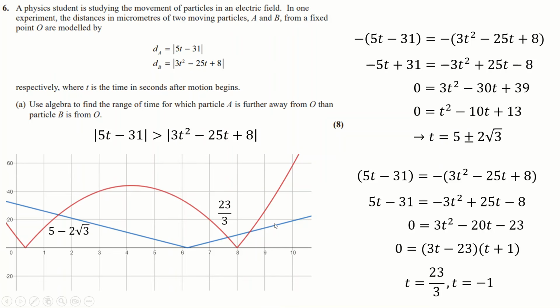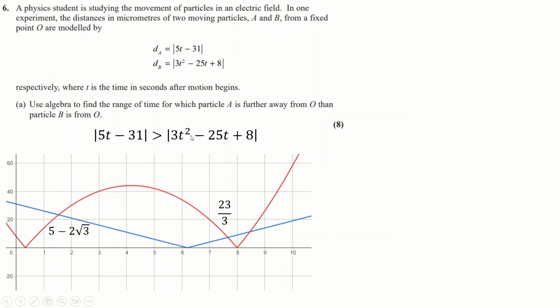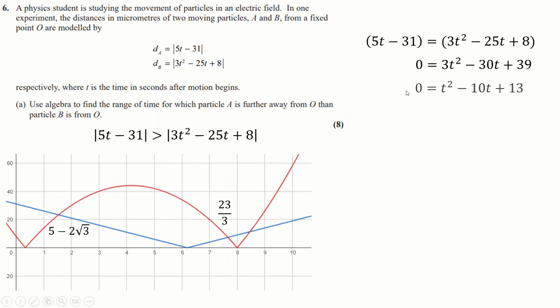And then finally here, both of the curves and the line are just acting as they normally do without the mod function. They're both up here. And so we're just going to set this equal to this without any negatives at all. And we find the other solution, which is also at 5 plus 2√3. Right? And some of you may have noticed when we found this solution back here, if you think about continuing this line out and continuing this curve out, by symmetry they're going to meet at the same x coordinate as the two meet up here.